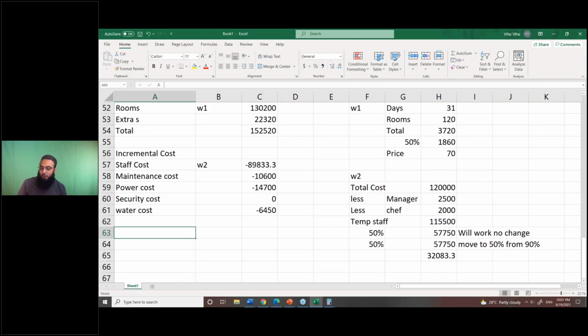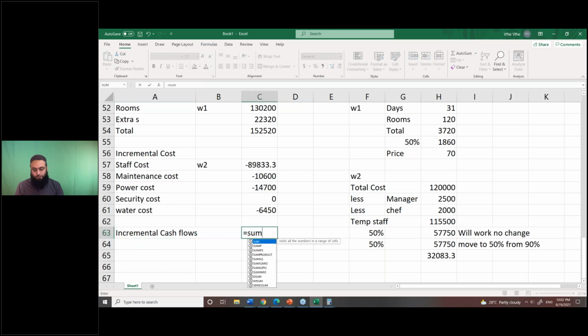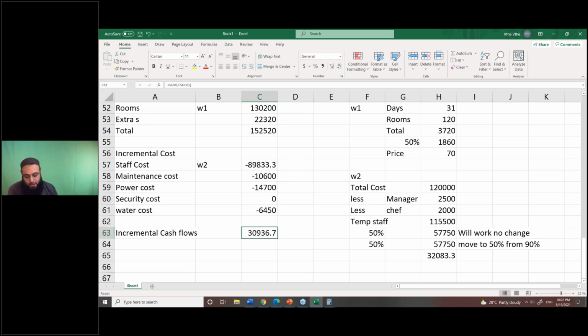Let's work out the final incremental positive cash flows. It's 30937.